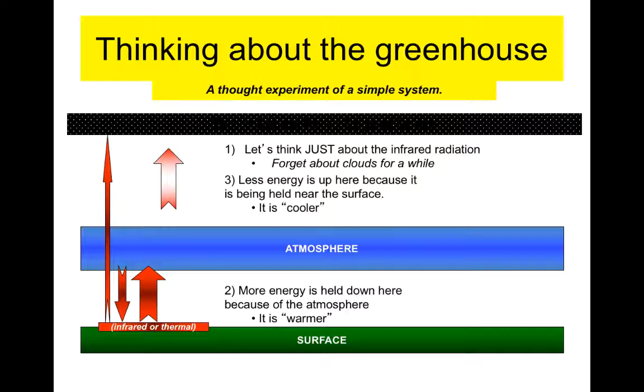But that is because of the basic physics of radiative transfer, the conservation of energy, and the attributes of fluids such as air, which has a strong relationship between density, temperature, and pressure.